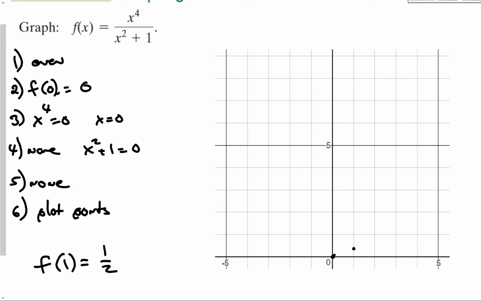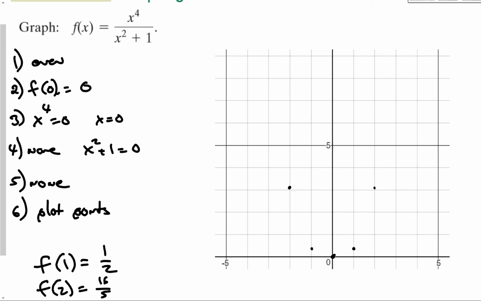If I plug 2 into this function, I get 16/5, which is about 3.2. So that's 1, 2, 3, and a little bit. And because this is an even function, I can reflect those. And then I could keep going if I wanted to.